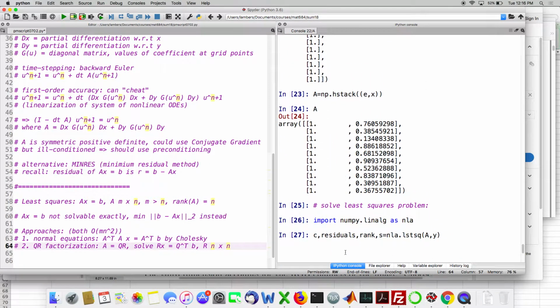That is returned in this output here, so I can see how small I made it. Rank is the rank of the matrix A, which I already know is 2. And then S consists of the singular values of A.